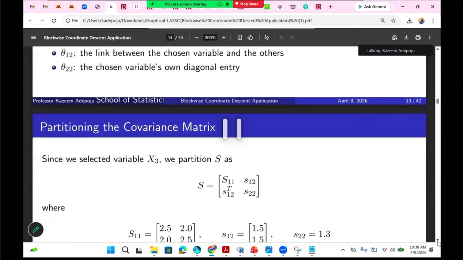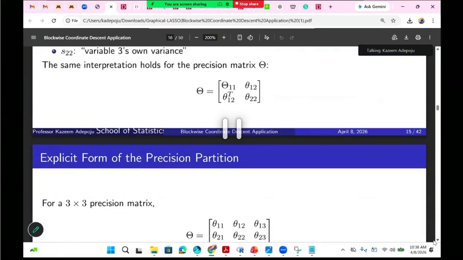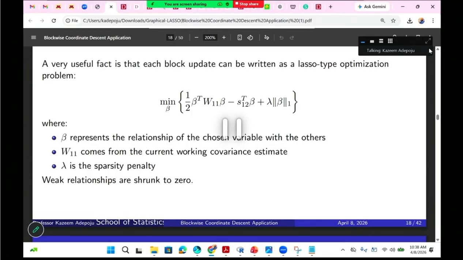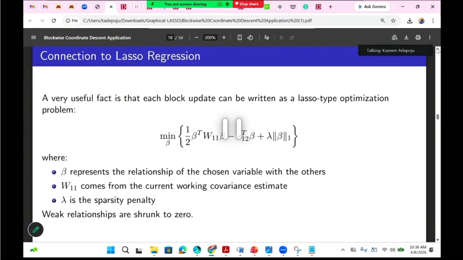Okay, so we have a sample covariance, we have a working covariance. The working covariance, we derive that from the sample covariance. Okay, so I think I've explained all of this. So the connection to lasso regression: the lambda here is the sparsity parameter.